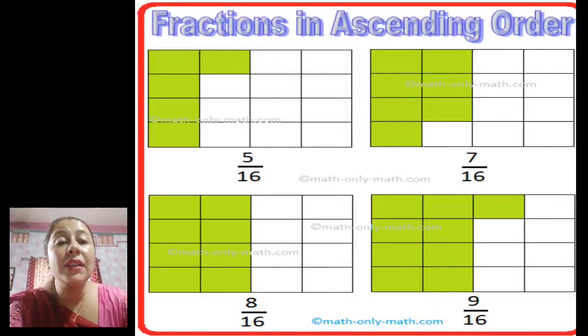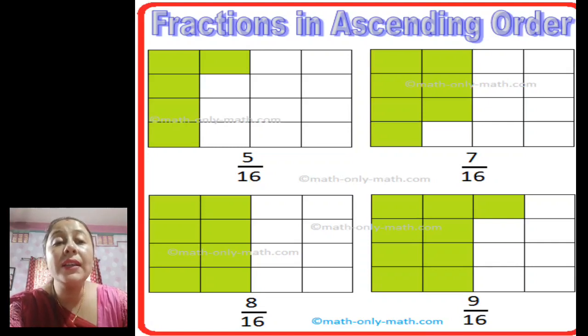Here also there are fractions in ascending order: 5 by 16, 7 by 16, 8 by 16, 9 by 16. You can see 5 by 16 means out of 16 parts only 5 parts are shaded. 7 by 16 means out of 16 parts 7, 8 by 16 means 8 parts, and 9 by 16 means 9 parts are shaded.